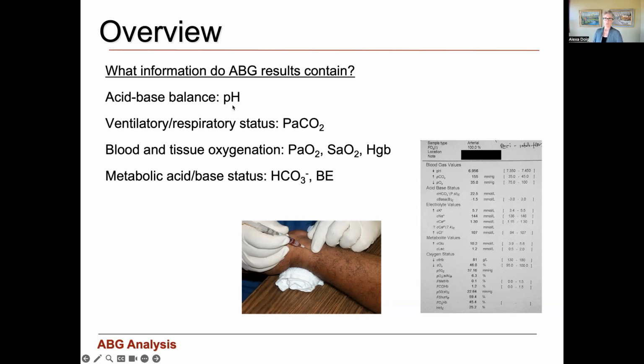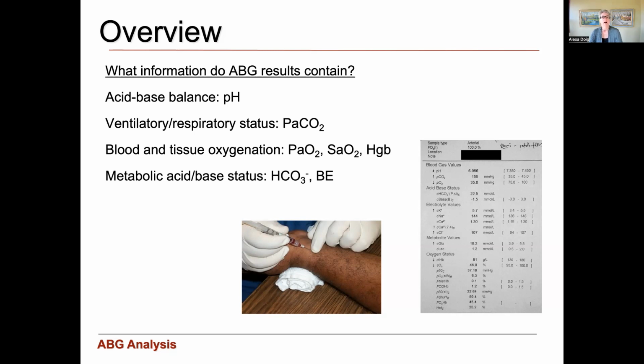We, of course, are going to need the pH because we're looking at acid-base balance. We want to look at what will really give us information about their ventilatory status. Are they ventilating, or having good gas exchange? That's our PaCO2, the partial pressure of carbon dioxide as a gas in the arterial blood.